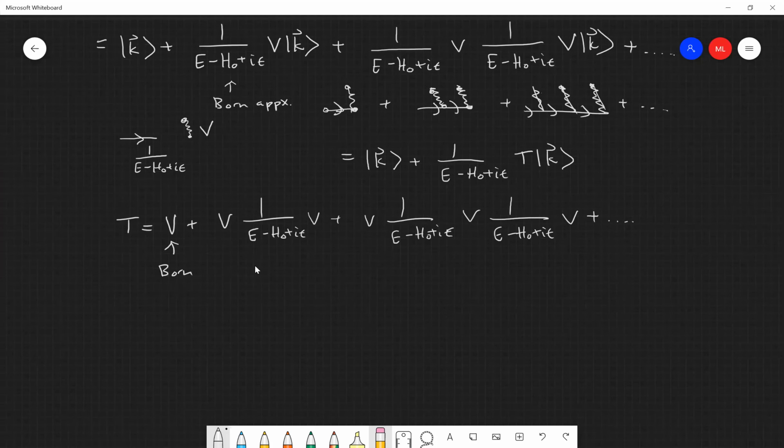And now let's figure out why we needed this plus I epsilon. It's, of course, easiest to see in coordinate space. And so let's put in some coordinate kets.